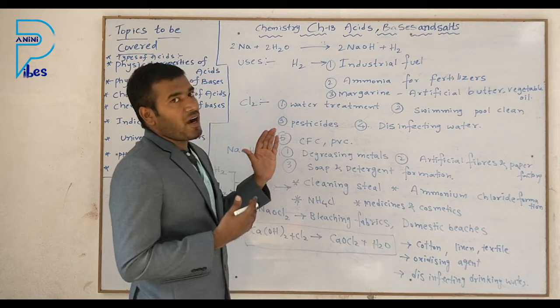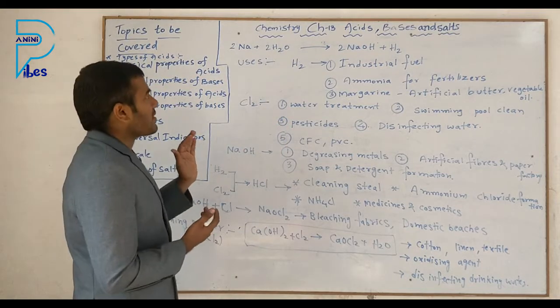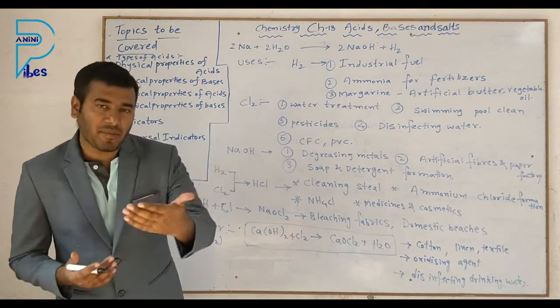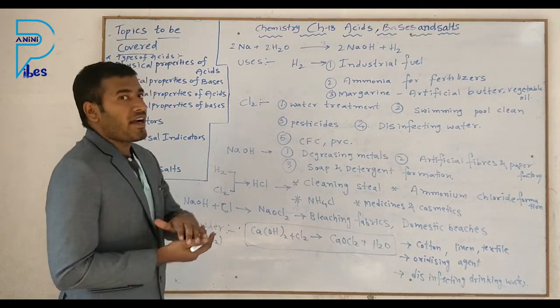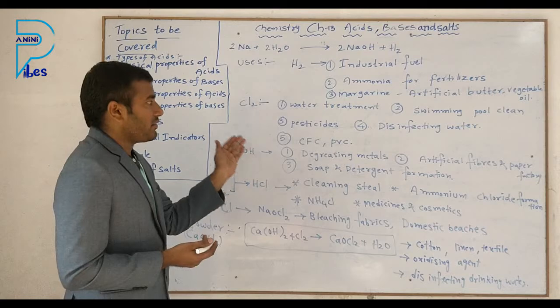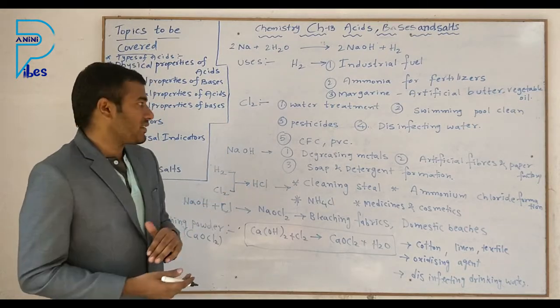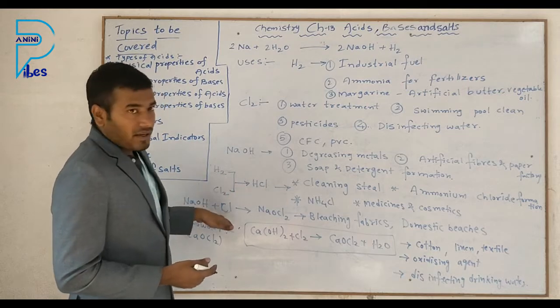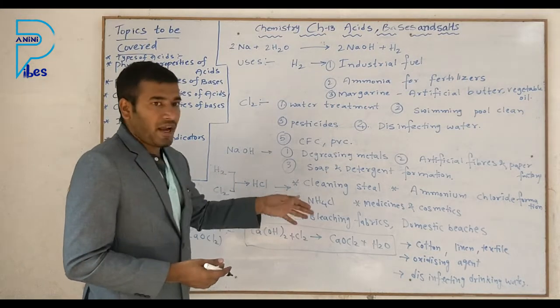Now, in the form of salts: for NaCl, we discussed how the electrolysis process works, how chlorine and hydrogen act, and how sodium hydroxide combining with chlorine prepares sodium hypochlorite for bleaching fabric.